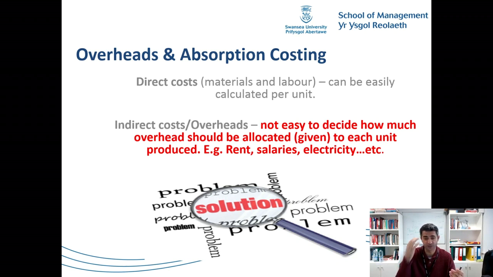If we pay rent of £1,000 a day, and in the factory we are producing 1,000 units, for instance, you cannot simply say £1,000 divided by 1,000 units equals £1 per unit. No, it doesn't work like this.